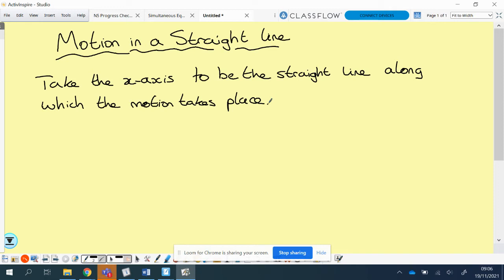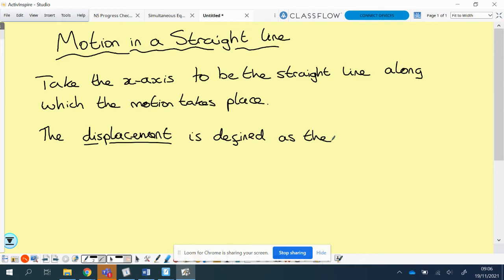Okay, anything like that. The displacement, that's going to be a key word. Okay, the displacement, for anyone that does physics will know what that is, is defined as the distance from the origin in time t.